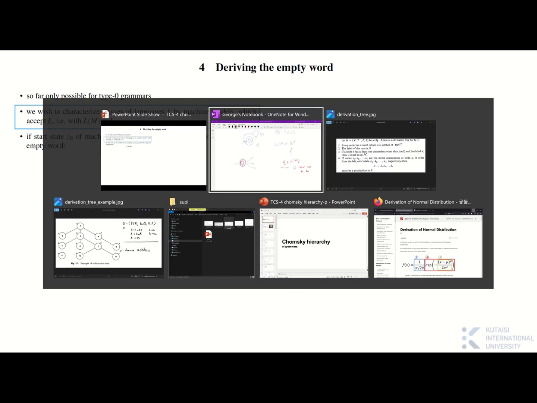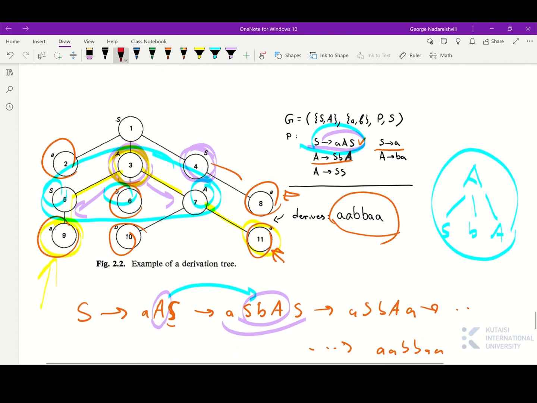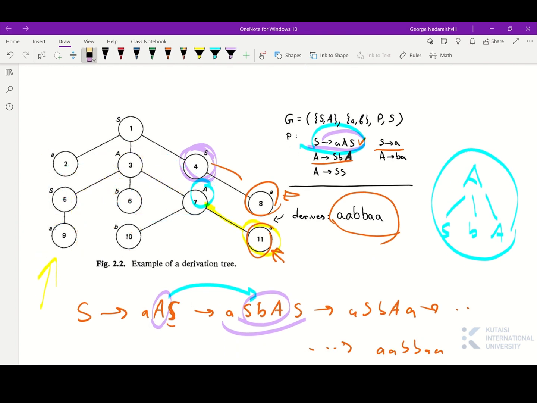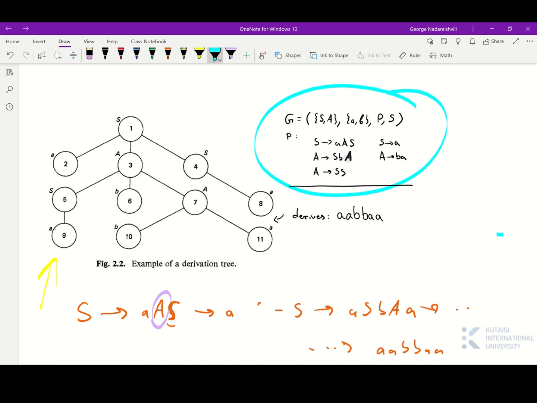Let's look at our notes again. Let me erase this. So let's say this is my grammar. Not this particular derivation tree, but this grammar here. This is a context-free grammar as I defined it.